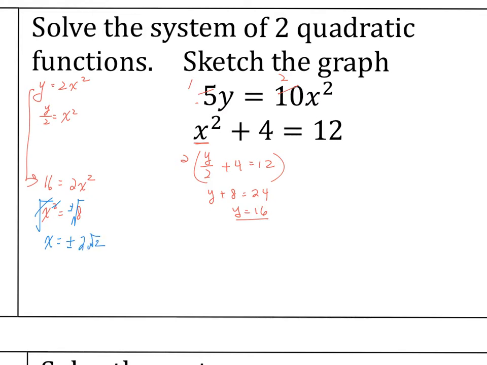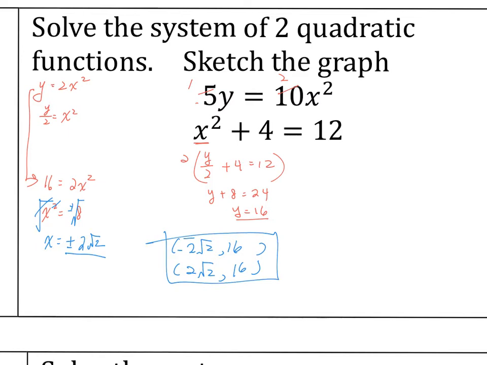So then I can conclude that when y is 16, I have two roots, or two solutions of x. So my first solution would be negative 2 square root of 2, 16. And my second solution would be 2 square root of 2, 16.